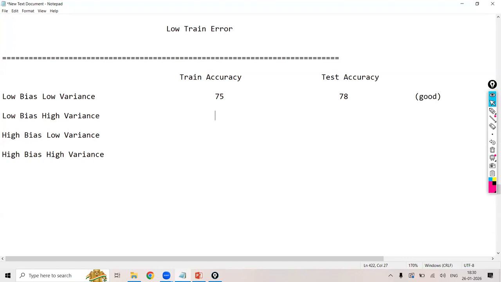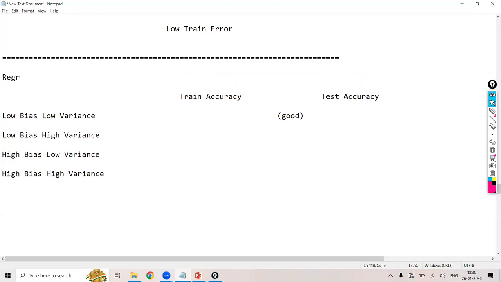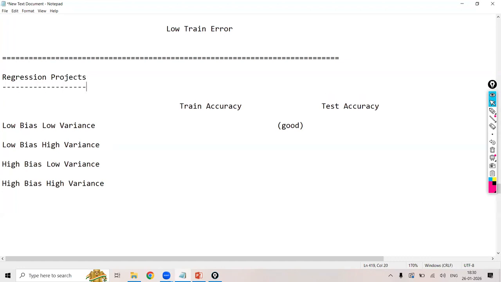Low bias means low error. Which one will have the low error? Train error. But test error will be high. Instead of classification, let me write it for regression only. For regression projects, assume RMSE.